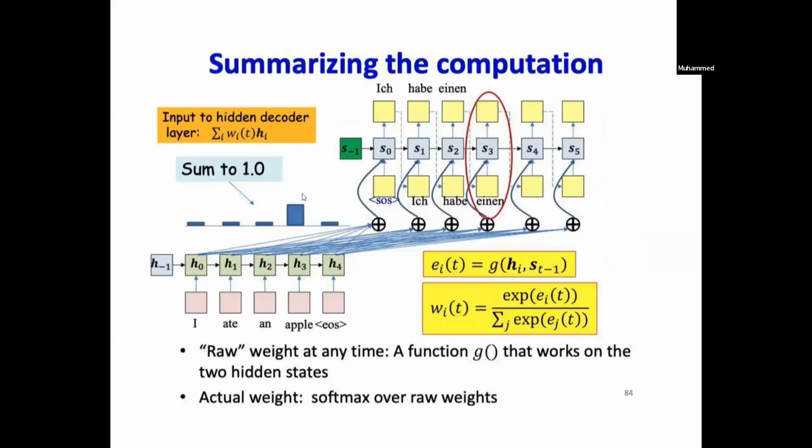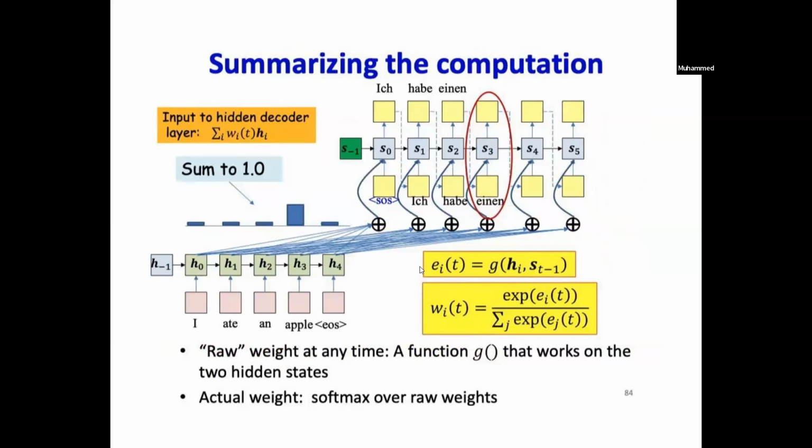So here we summarize the computation and how we achieve this. We just introduce a function here, G, and G is a function of the hidden state and the output time step that we are doing.